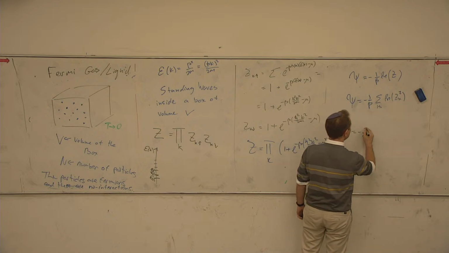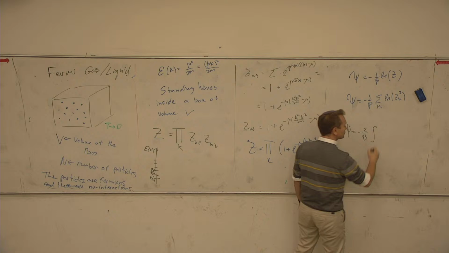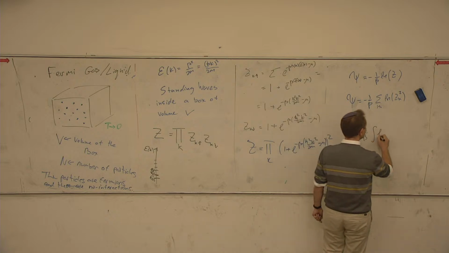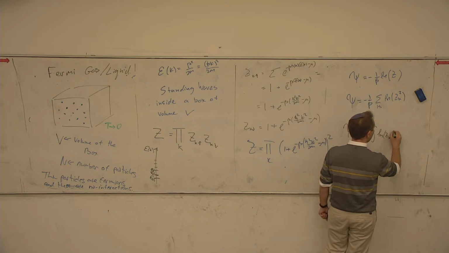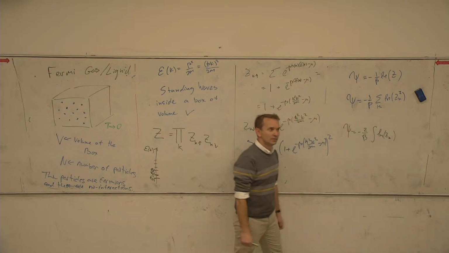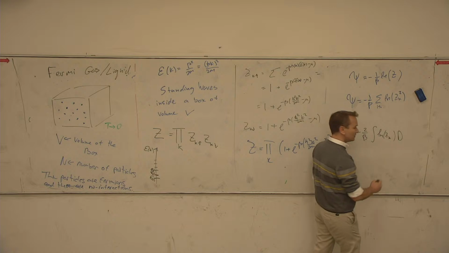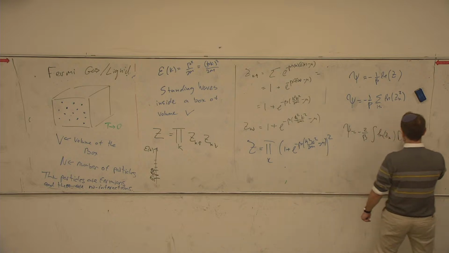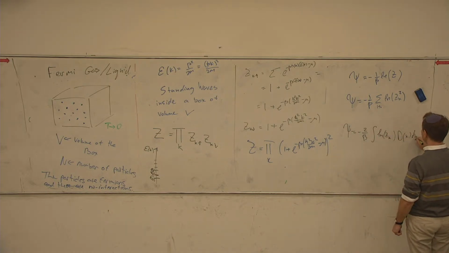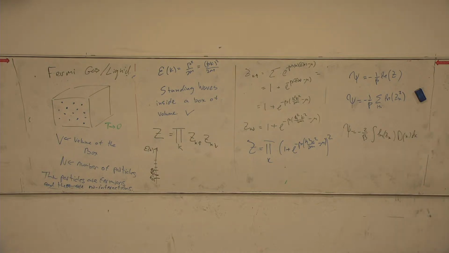We have minus 2 over beta times an integral of log of z of k, times some density of the levels, d of k dk, and k in general goes from 0 to infinity. What is this d of k?